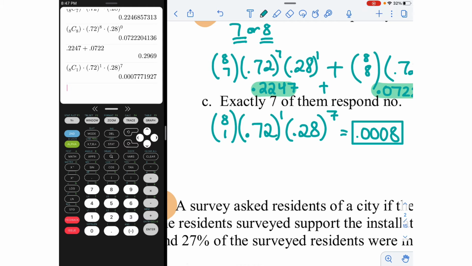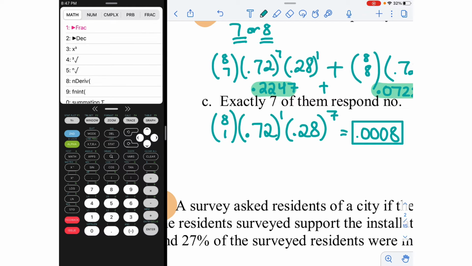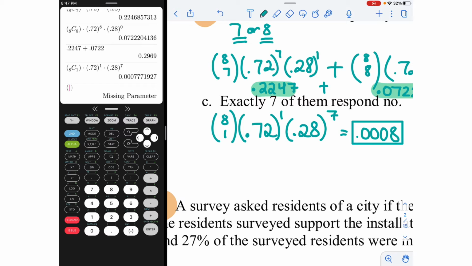Now, I think a second way that we can do this is this. Okay, same answer.